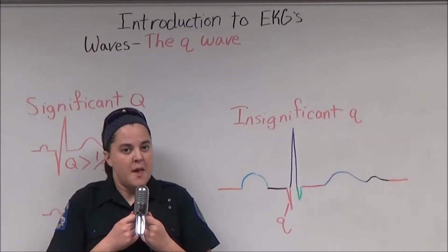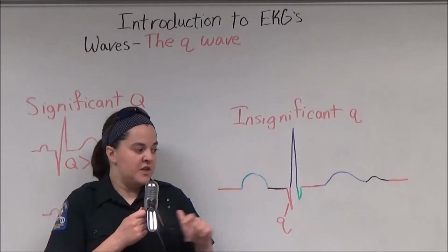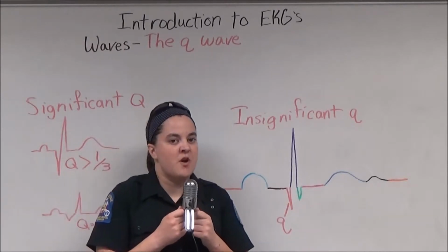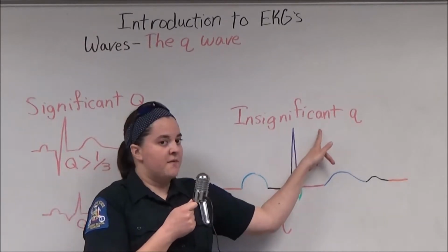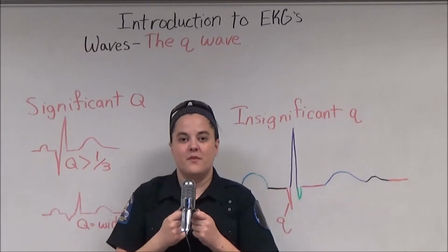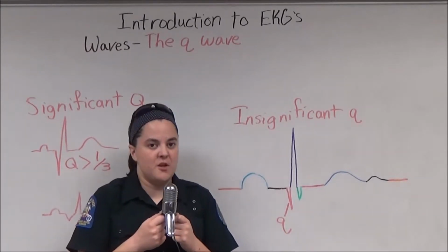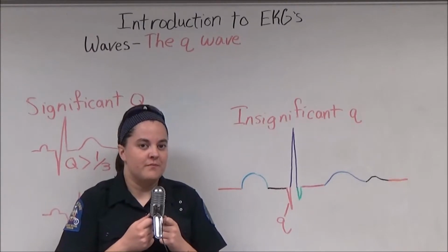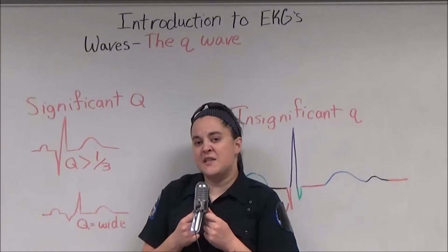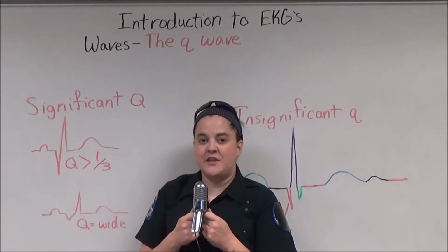The next wave may or may not be the Q wave. Q waves can be described as either insignificant or significant. Insignificant Qs are completely normal. Significant Qs are a sign of past myocardial infarction and tissue death.